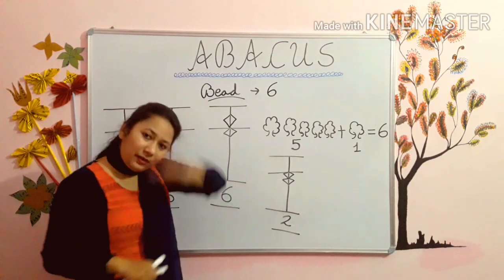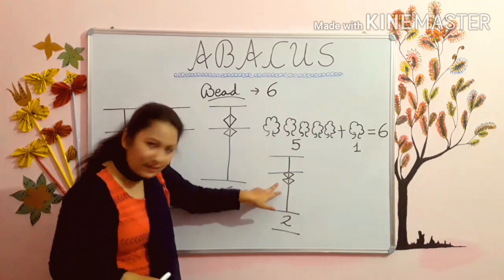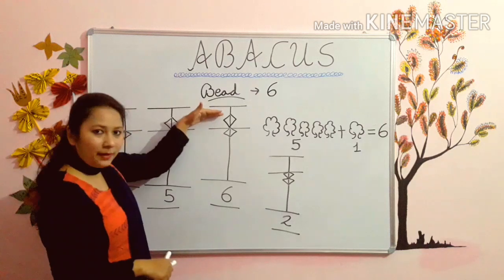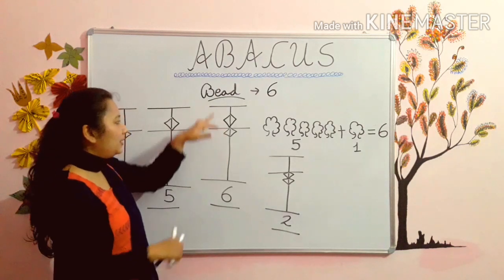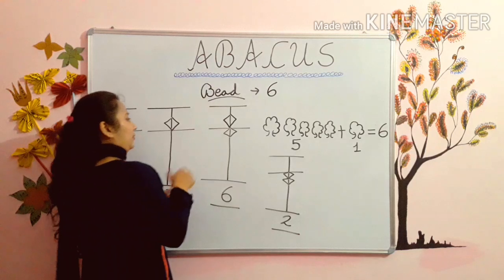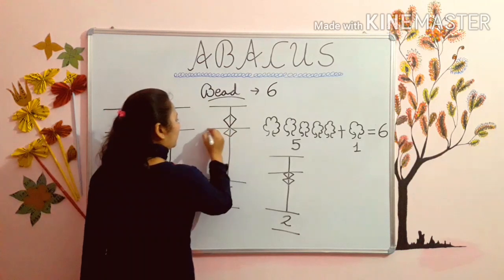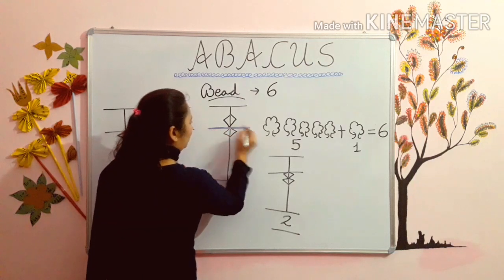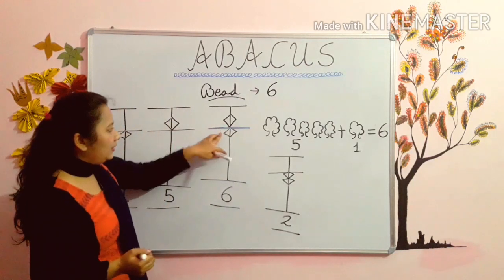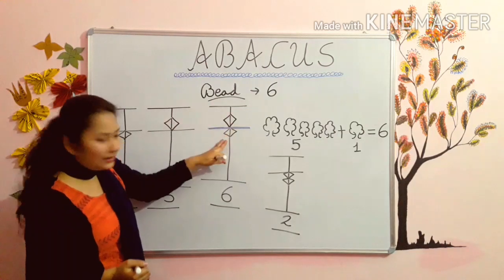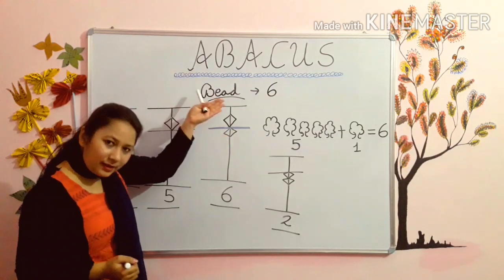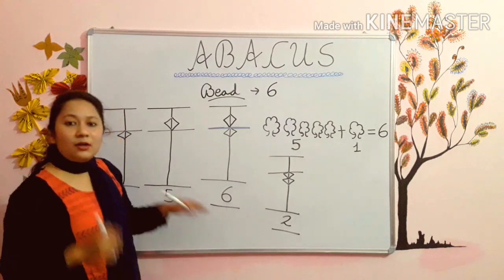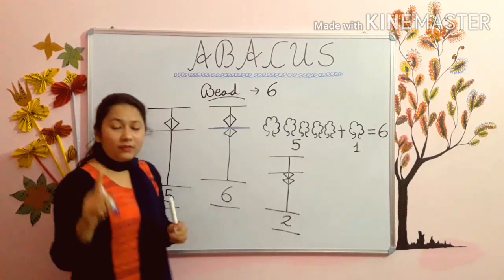These two beads are below the line. But here one bead is up and one bead is down. One bead is above the line and one bead is below the line. So this is 6. Now how will you count? You know what I have told you.